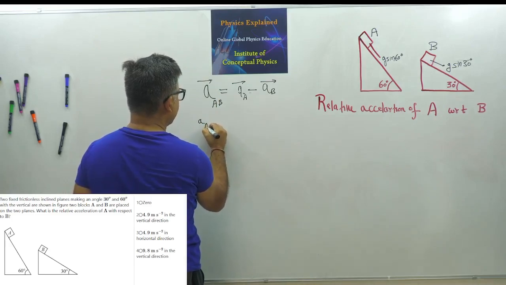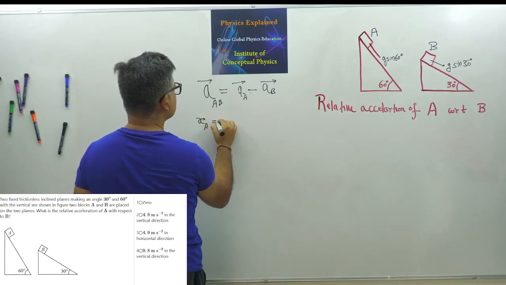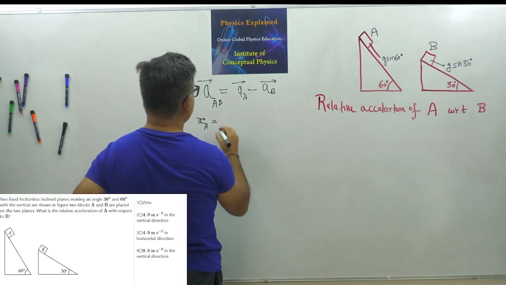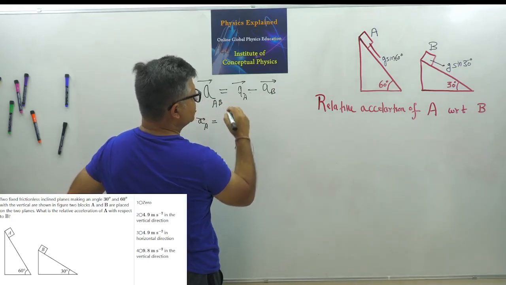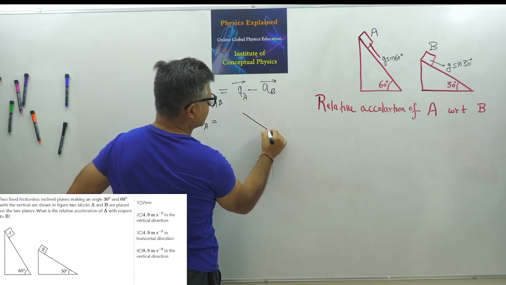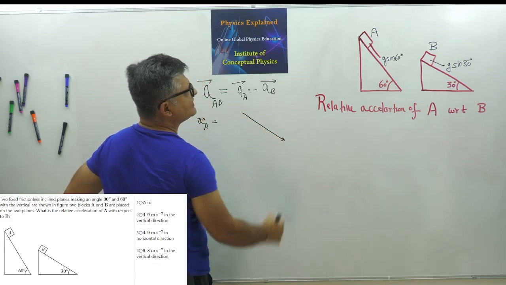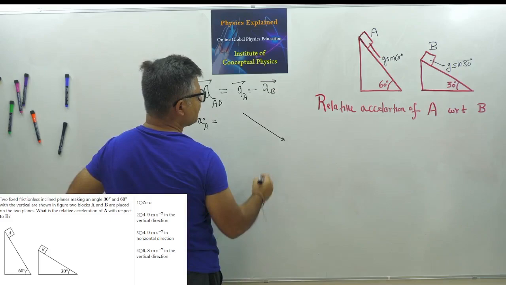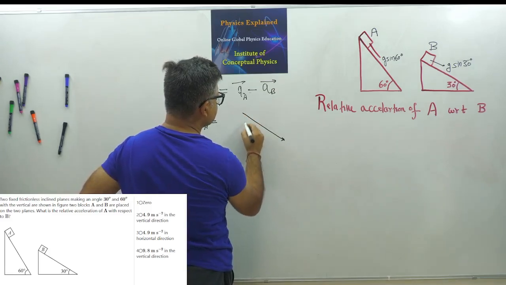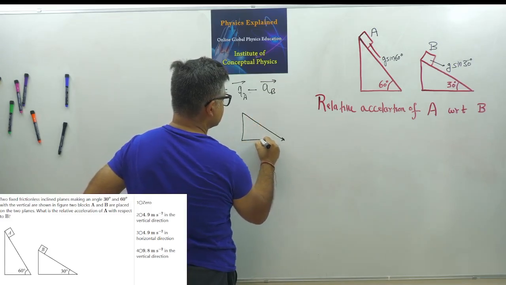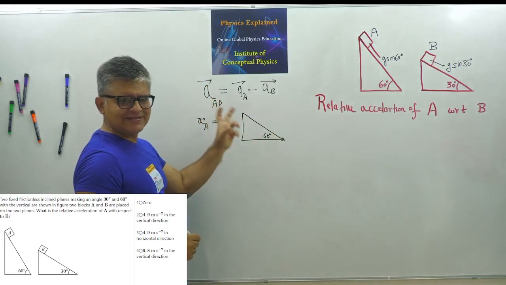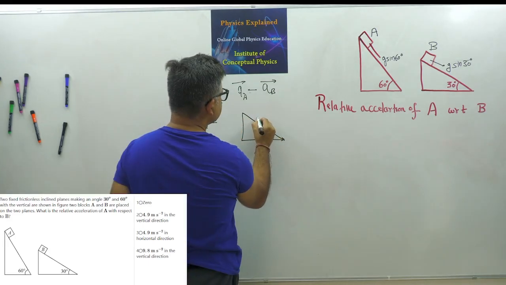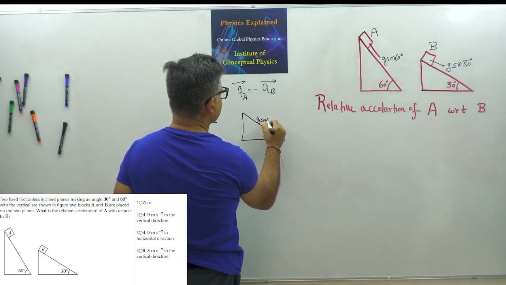If I have to write one of the parts of a_A, so I'm just drawing the figure. Okay? So this is my g sine 60. This is my vector, and this vector is something like this. Okay, so this is 60 degrees. Don't worry about the inclination, it is still 60 degrees.